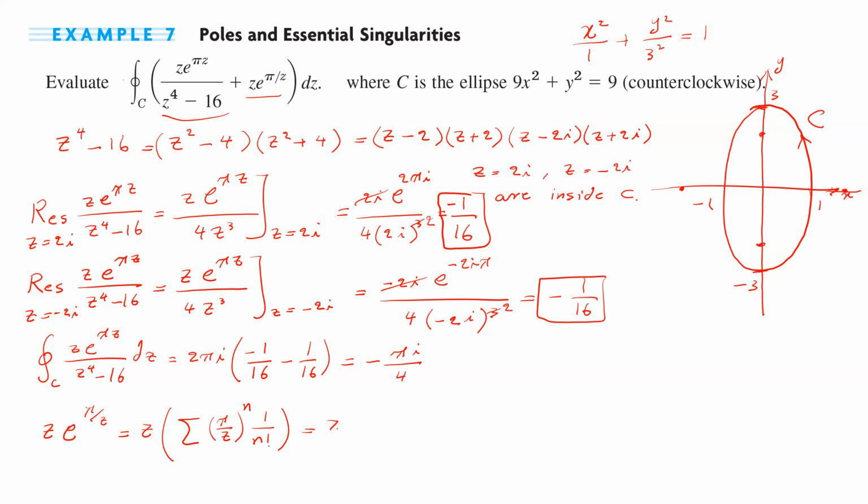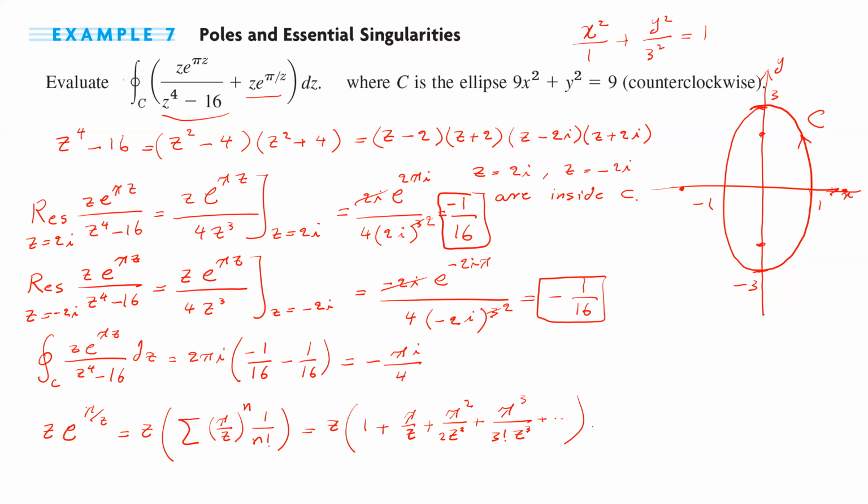So that means it's z times 1 plus pi over z plus pi squared over 2 z squared, plus pi cubed over 3 factorial z cubed and so forth, right?